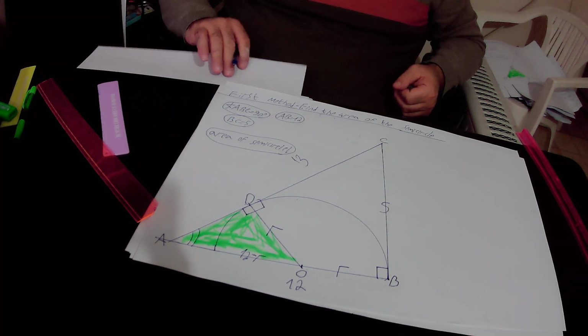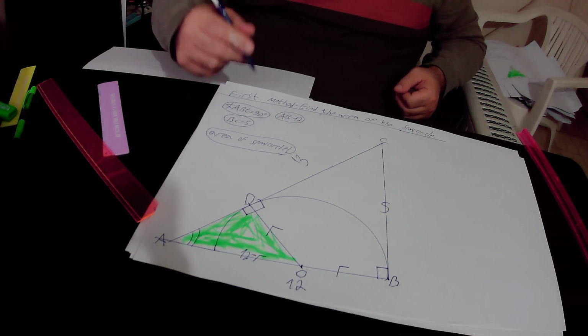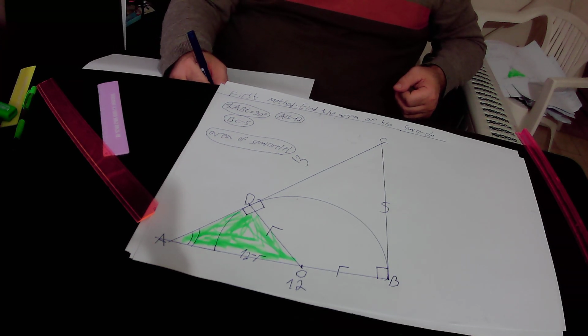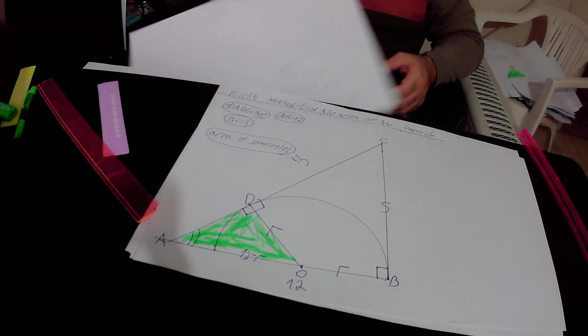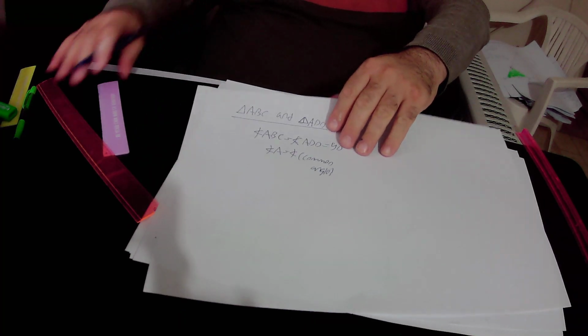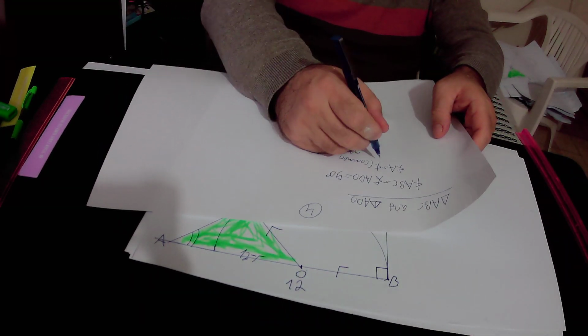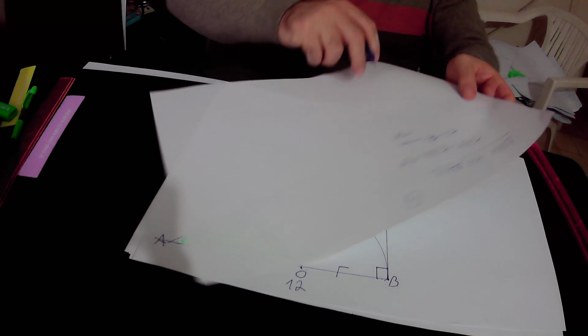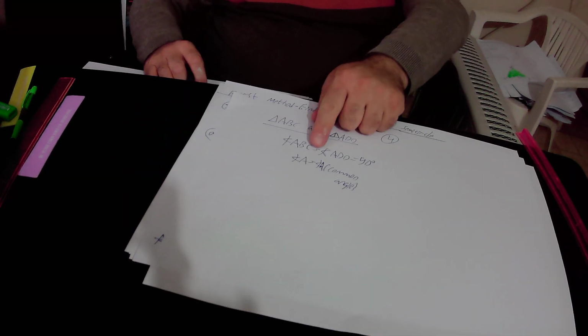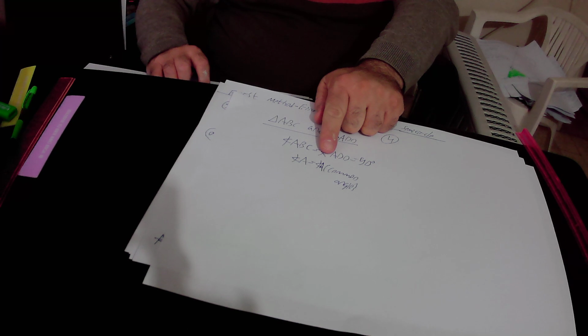So we can write down that angle A equals itself, angle A equals angle A. It's a common angle that belongs to both triangles.